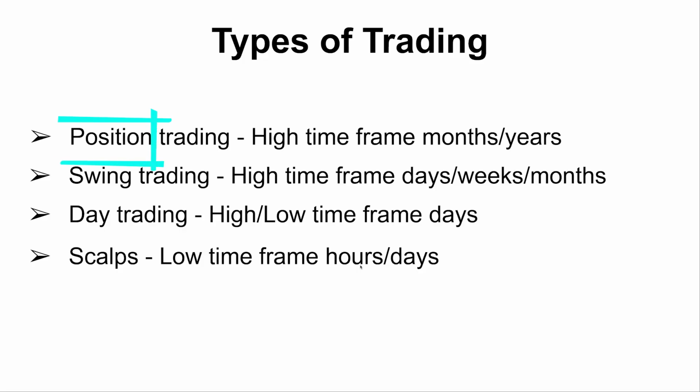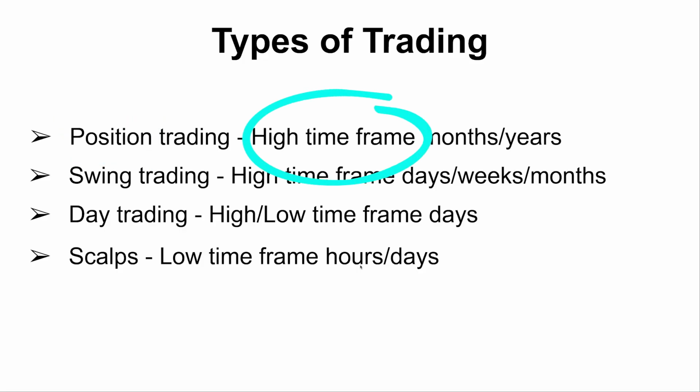Position trading focuses on high time frame macro analysis. I have months and years on here because I want to make sure people understand that this course can be used with other markets as well. It's not specifically crypto.